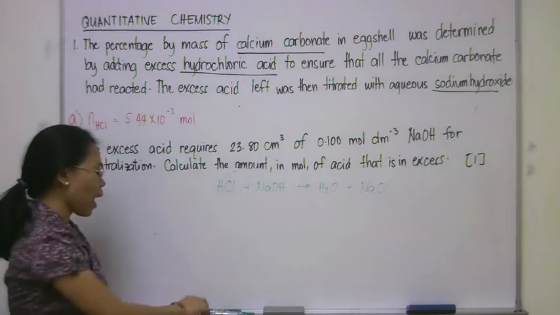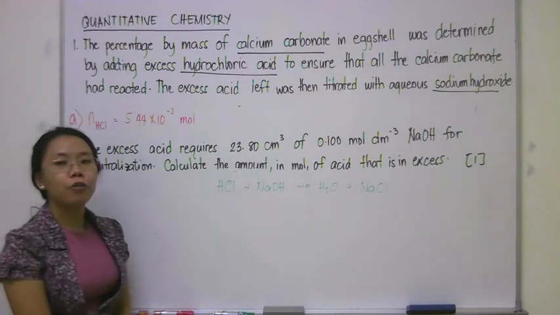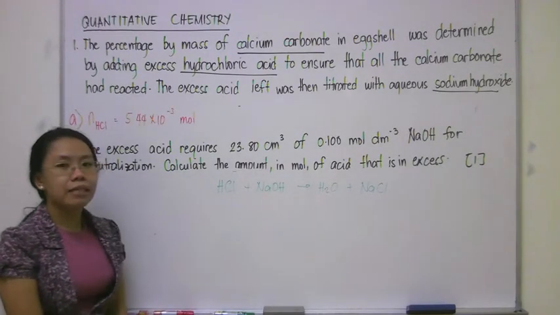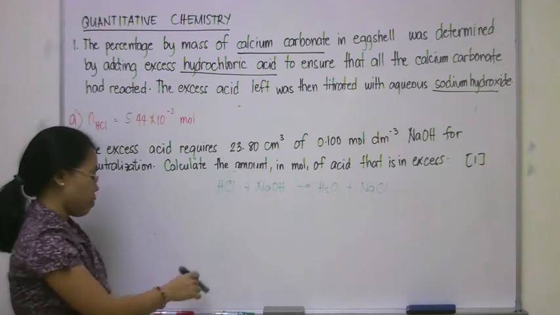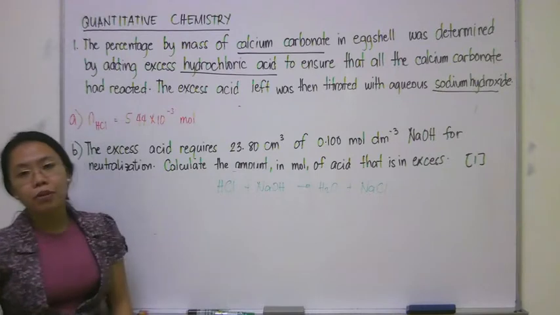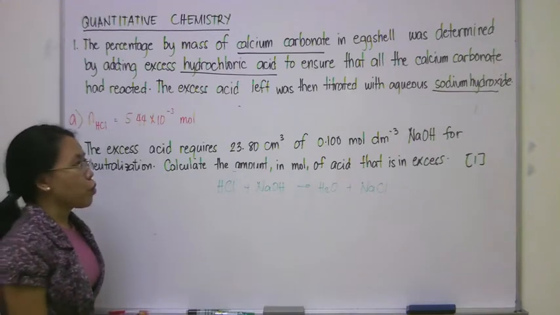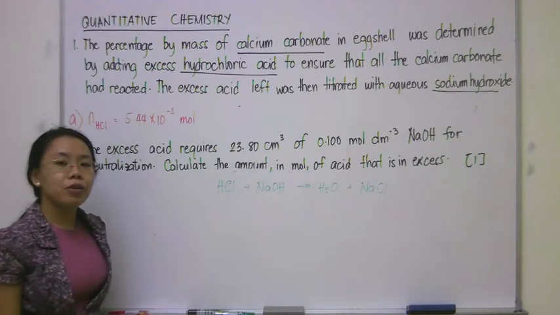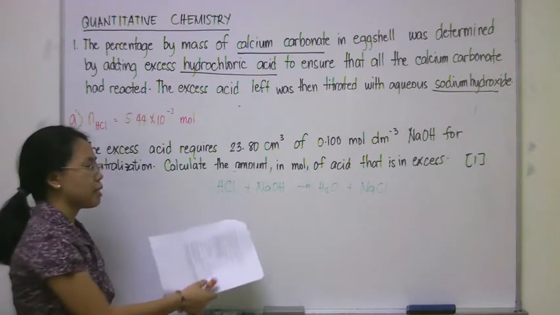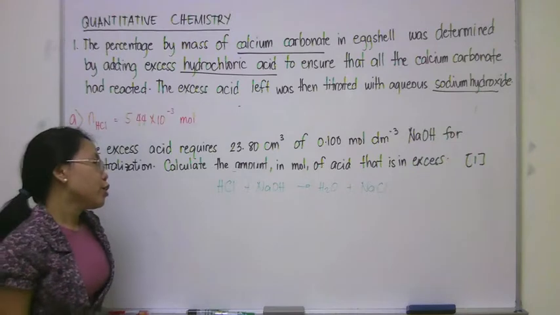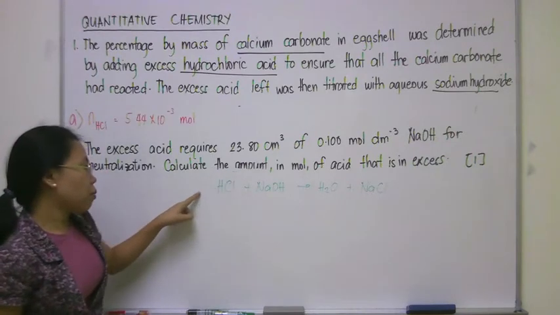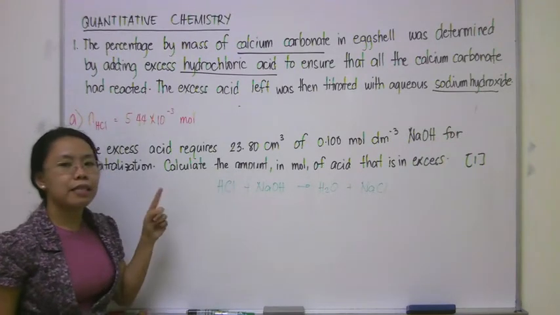For 1 mark, you were asked to calculate the amount of acid that is in excess. So remember the second equation wherein the remaining acid is titrated with sodium hydroxide. So we're going to calculate the number of moles of this acid.